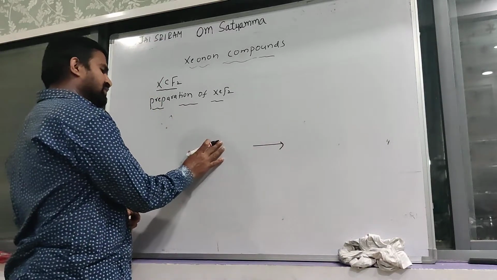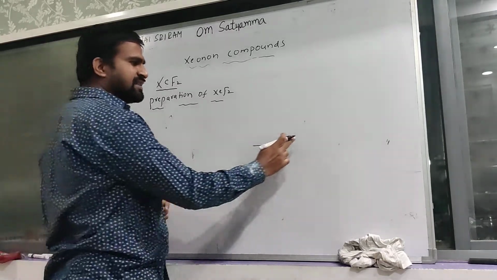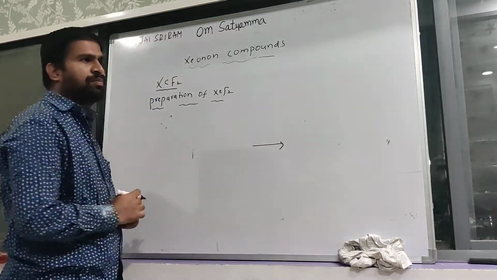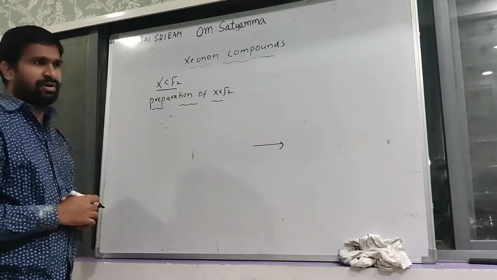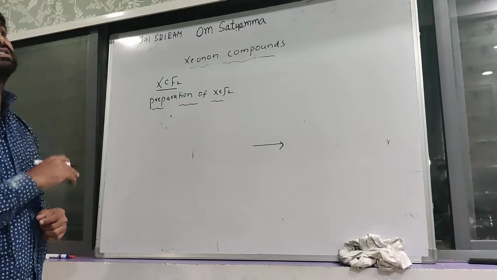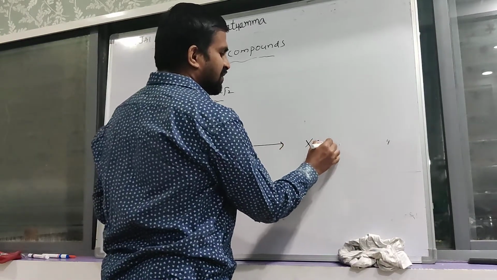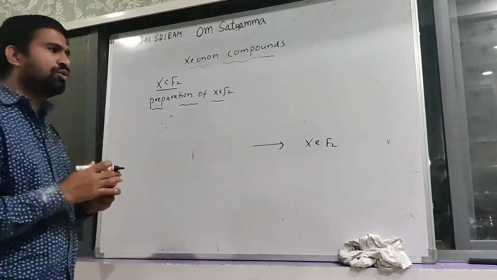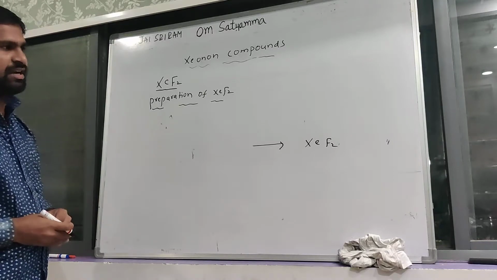The left side of the arrow mark represents the reactants. The right side of the arrow mark represents the product. Here, for preparation of xenon difluoride, the product is xenon difluoride. That's why I am writing the xenon difluoride symbol here.